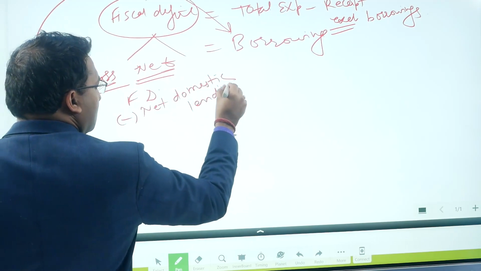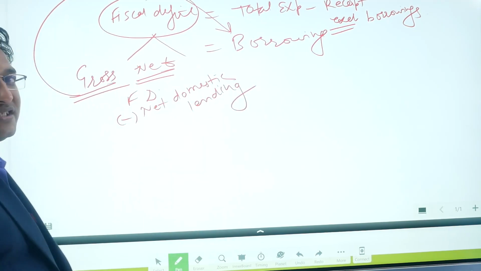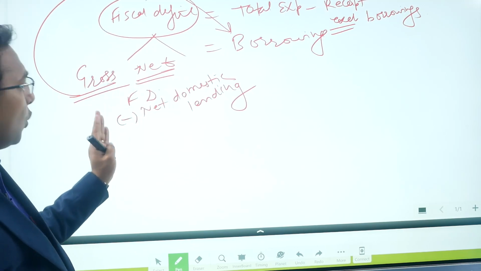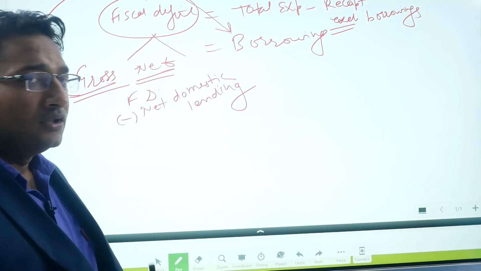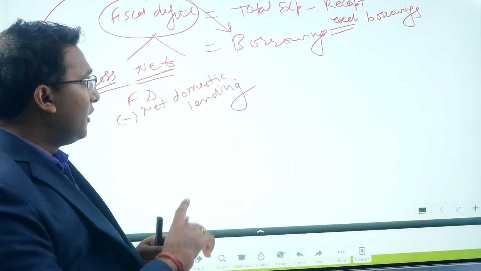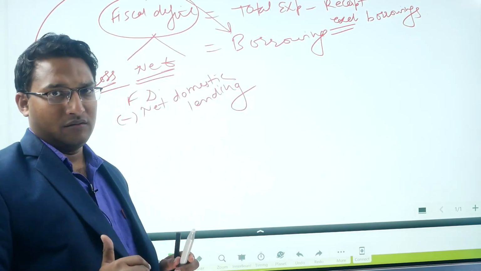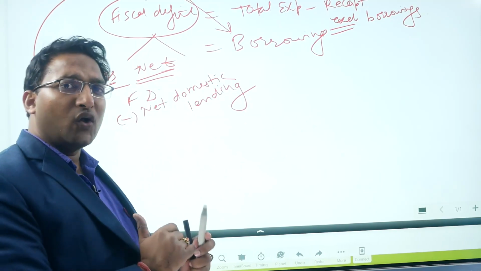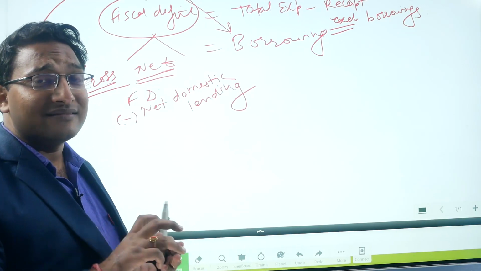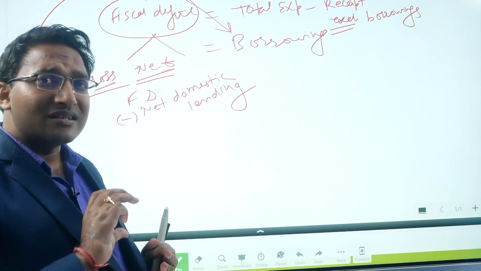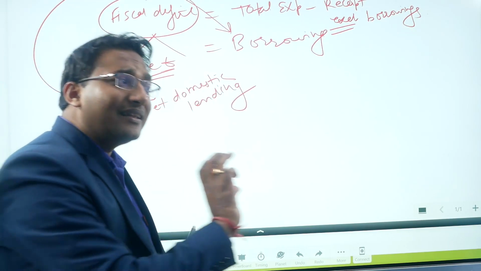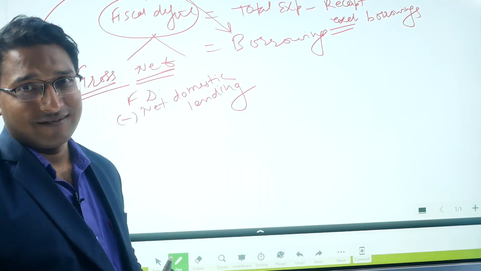When we reduce net domestic lending, that is called net fiscal deficit. Why are we reducing net domestic lending? The concept is: the central government took the loan, and it became part of the fiscal deficit. Out of the same amount which it has taken as a loan, some amount the central government has given to some other entity as a loan.